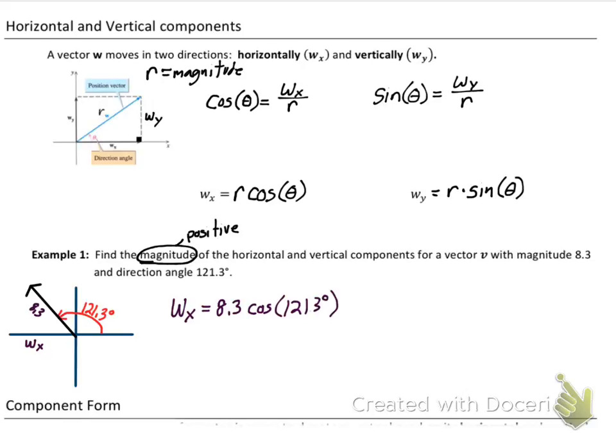Now, I know it has to be positive, so I'm going to take the absolute value of everything. And when I plug this into my calculator, I get out negative 4.3.